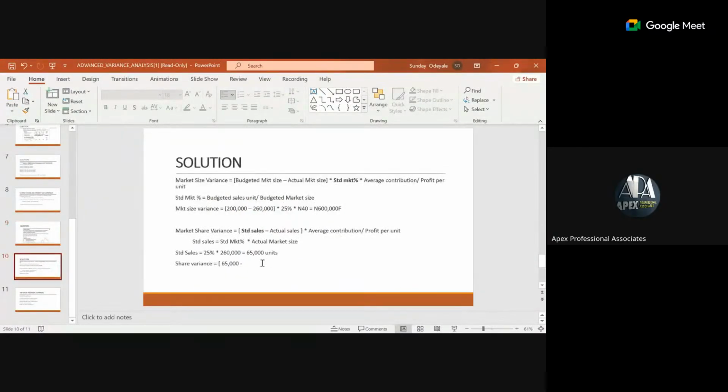They sold 61,000 units. Multiply by the same 40. So we have 4,000 times 40, plus 16, 160,000 adverse.